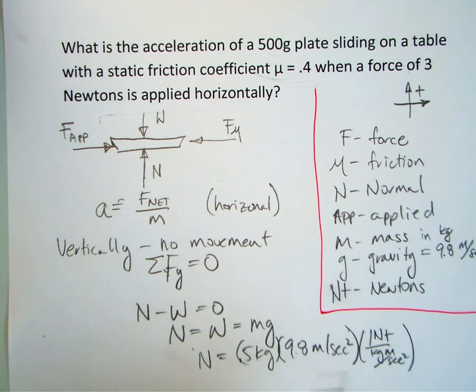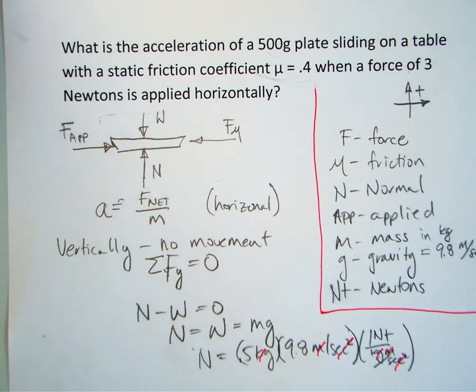And then you'll notice that all of our units will divide out nicely, kilograms with kilograms, meters with meters, second squared with second squared, and we're going to come out with our normal force in newtons, which is what we want. That is a weight, and the forces are in newtons, okay? So there we have the normal force, okay?